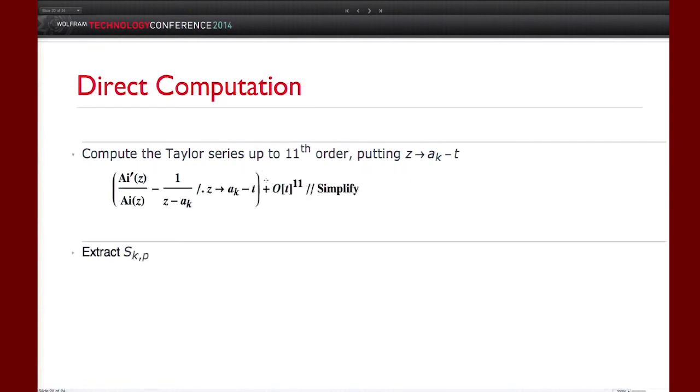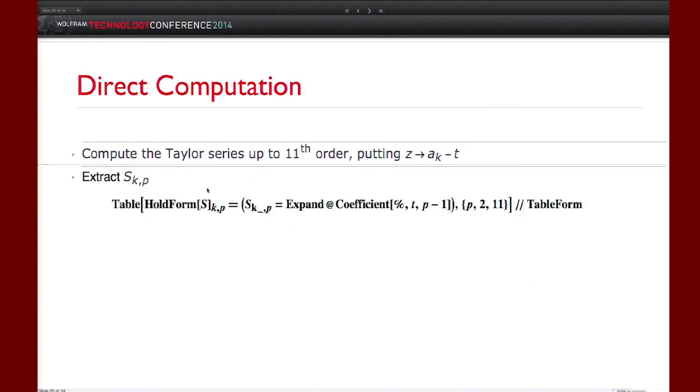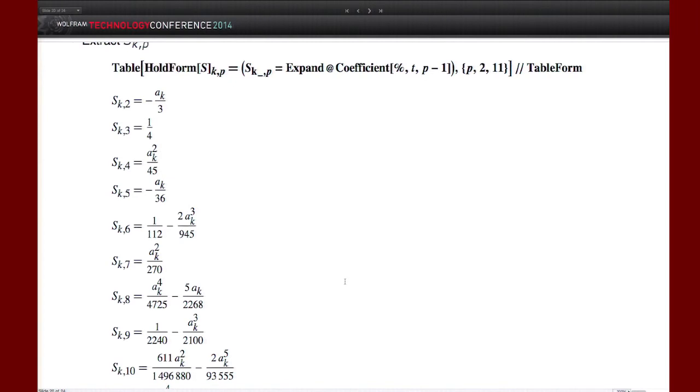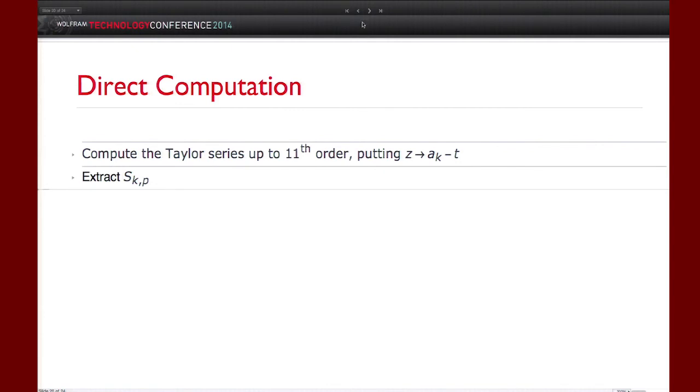To put that in context, if you do this series expansion, which is a one-line command, you can extract all of those S_k^p out of it in, well, I lied, it's two lines of code. But essentially that's all of them there. So it's generated directly from the Airy zeta function expansion.